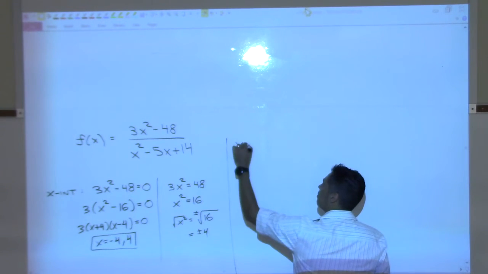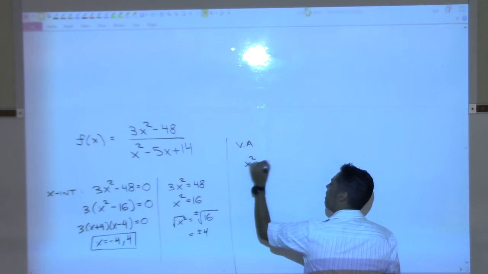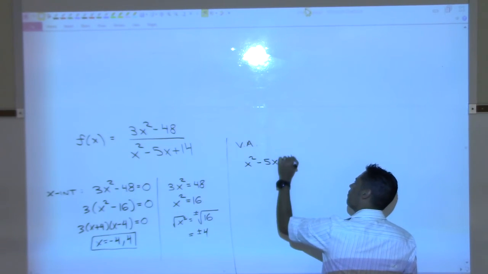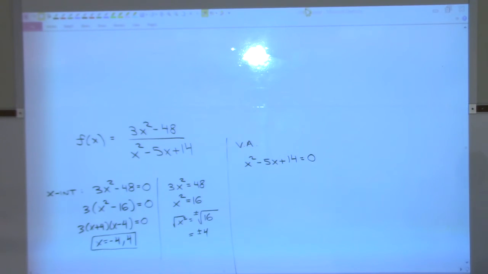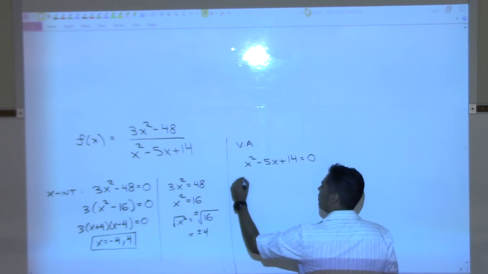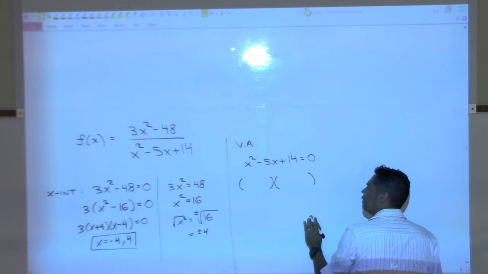Next step, vertical asymptotes. Set the denominator equal to 0. Another quadratic. So you can use the quadratic formula here, or you can factor. This one actually factors. Does it? Wait, yes, it does. Negative 14.